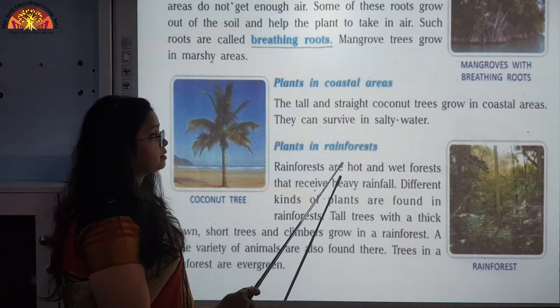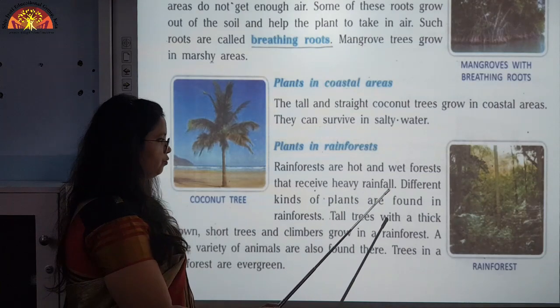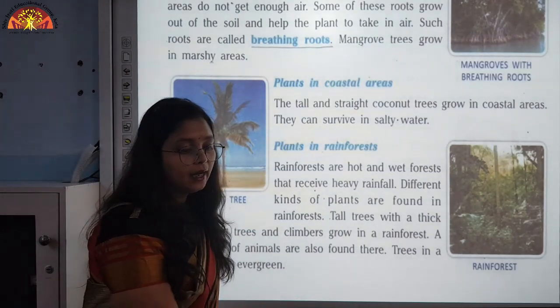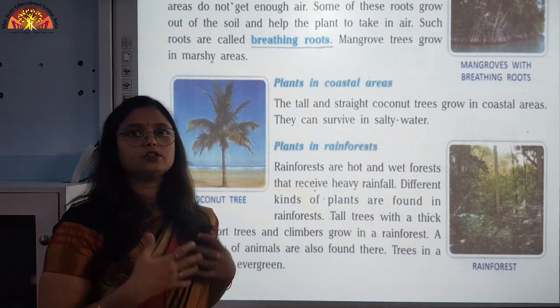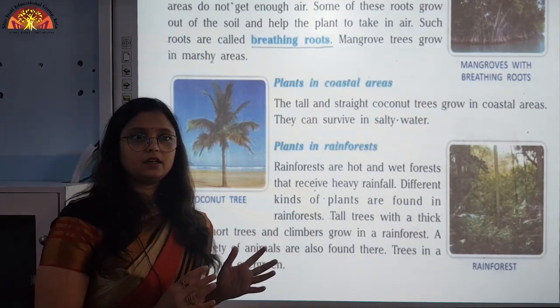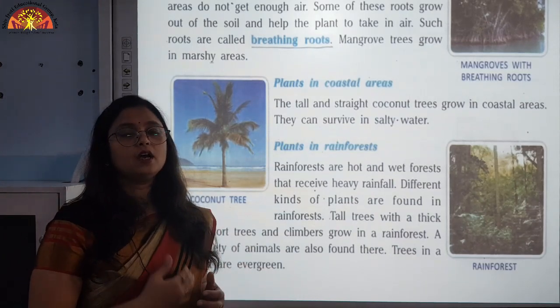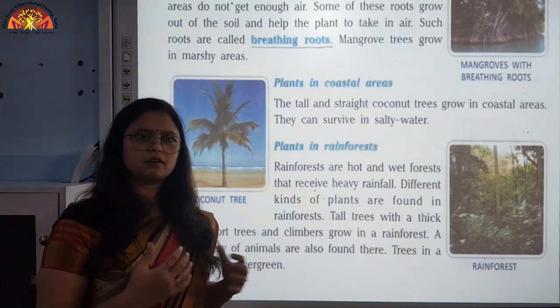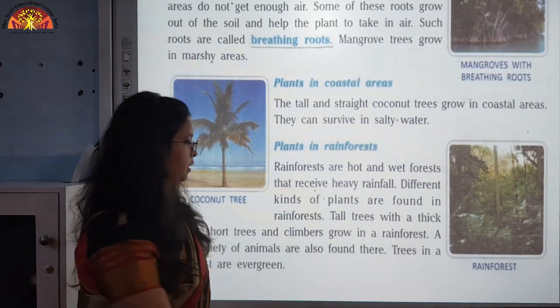Now rainforests are hot and wet forests that receive heavy rainfall. Now students, you know that when we talk about forest, it means that there are so many trees. So these rainforests are full of a variety of plants. They have big trees, small trees, climbers, creepers, every type of plant is found here in the rainforests. Okay.